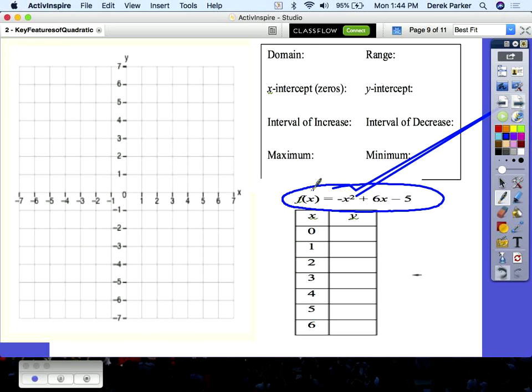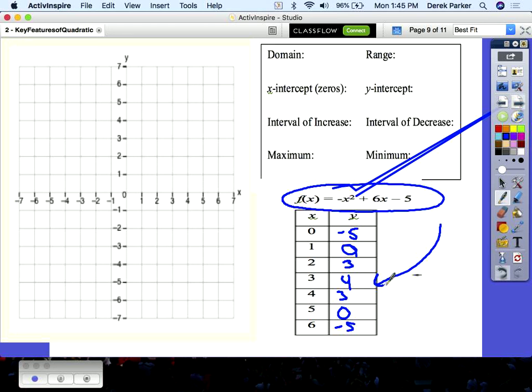Negative x squared plus 6x minus 5. (0, -5), (1, 0), (2, 3), (3, 4), (4, 3), (5, 0), (6, -5). As you can tell, the y values are going to be the same in certain places. So that right there should show you your vertex is (3, 4).